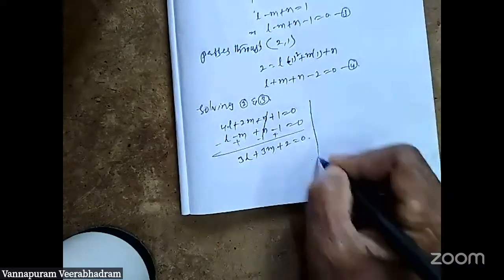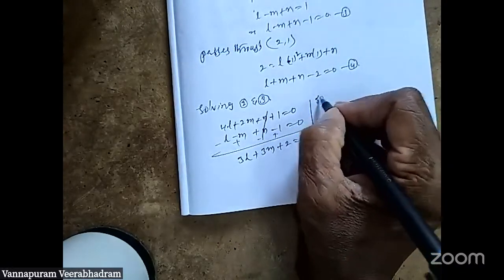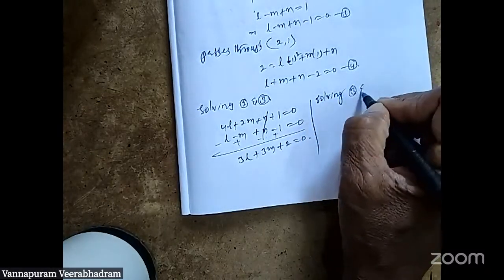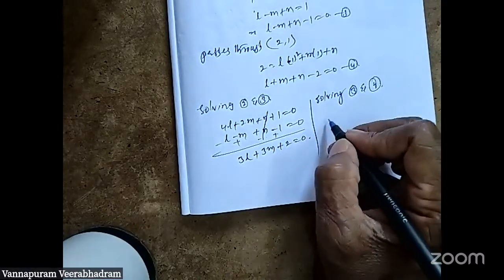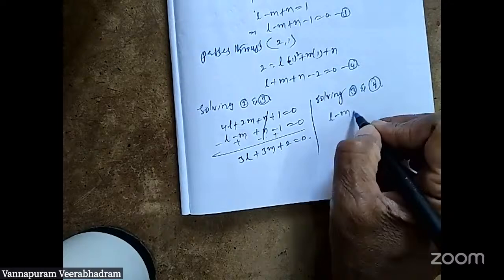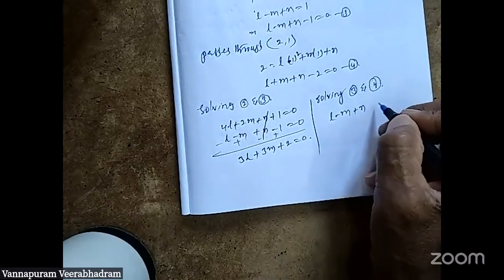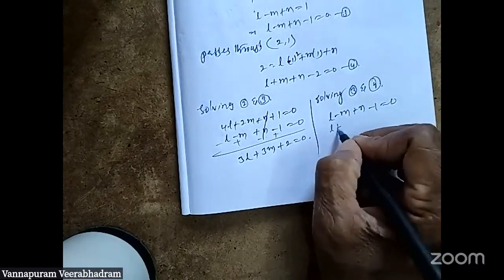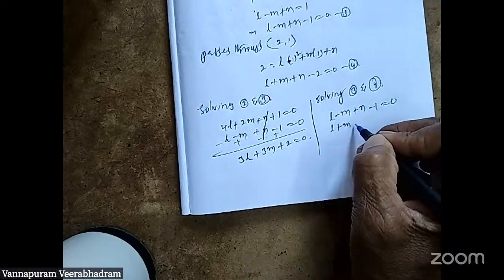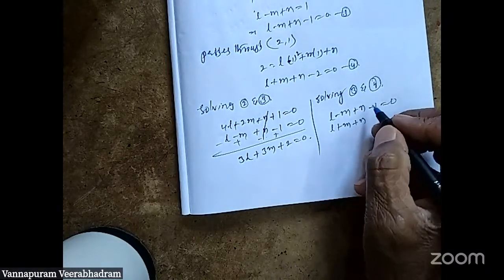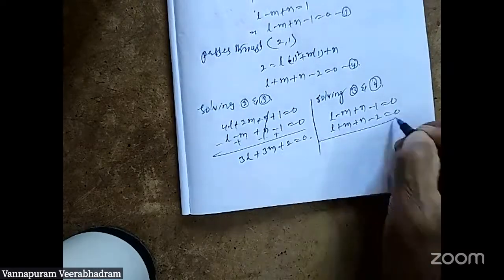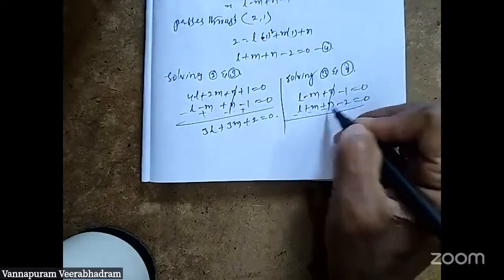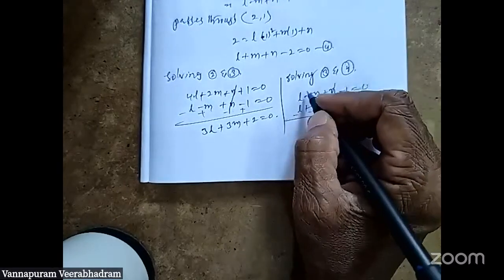So next, solving 3 and 4. The third equation is L minus M plus N minus 1 equal to 0, and the fourth is L plus M plus N minus 2 equal to 0. Here also subtraction, so N cancels and L also gets cancelled.